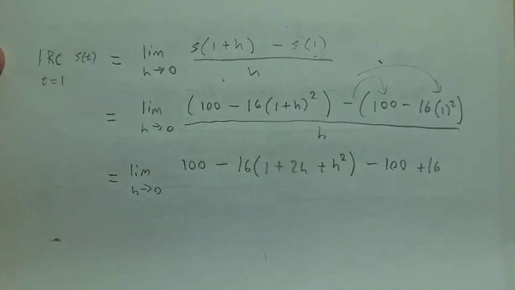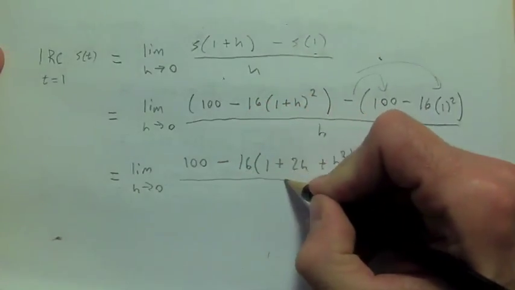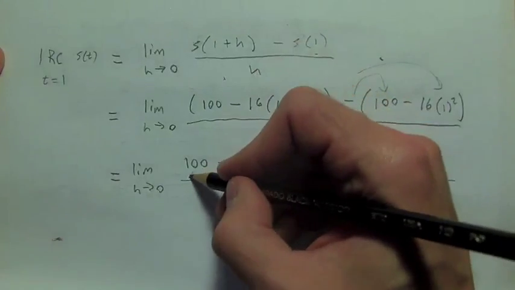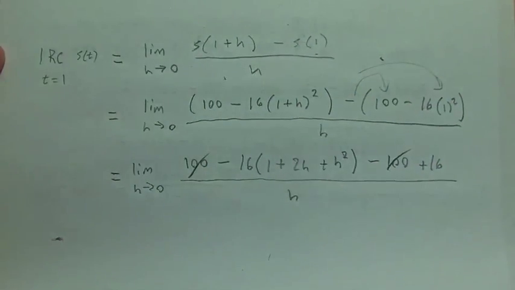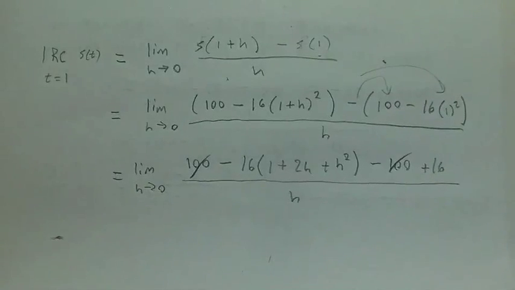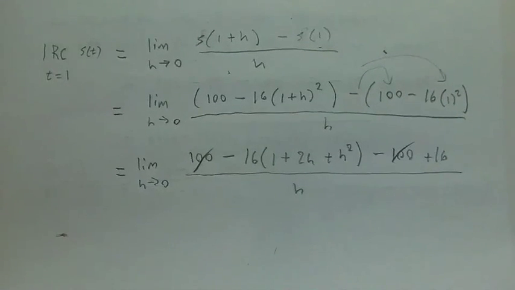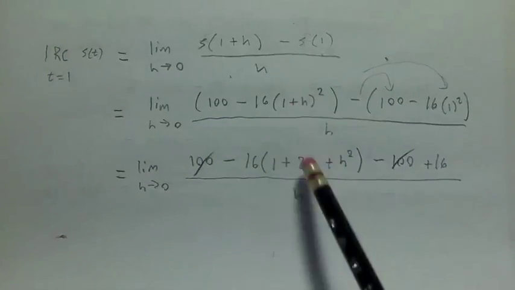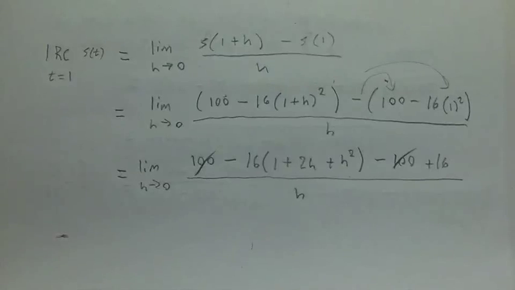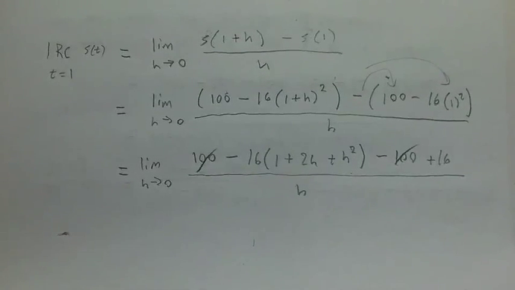That's the biggest mistake I see people make. Okay, and check this out. The 100s cancel again. If you don't see constants cancel out, you have done something wrong. In fact, whenever you're calculating the instantaneous rate of change using the limit definition, you should have a lot of stuff just cancel out and be left with only h's.